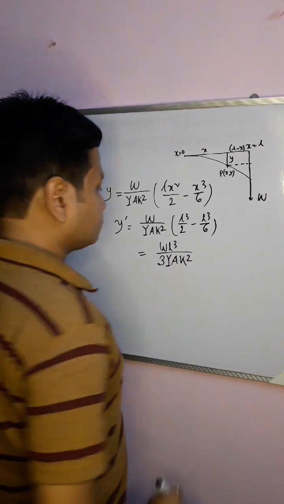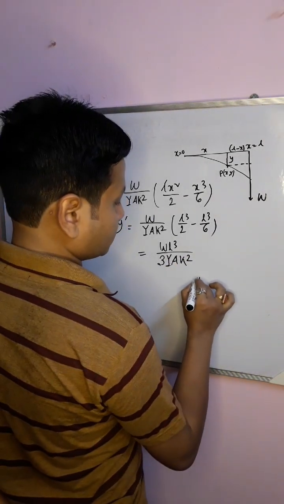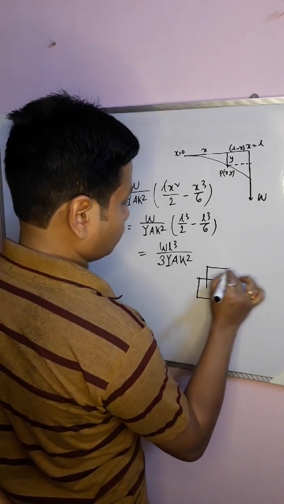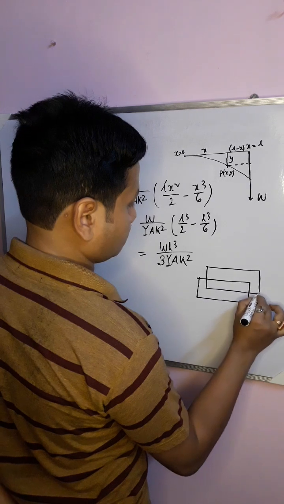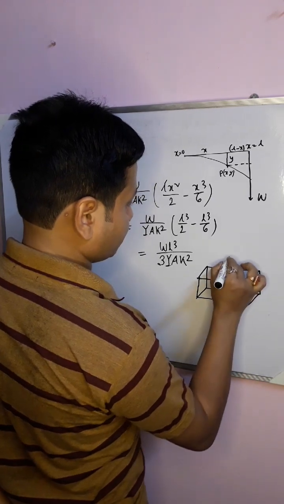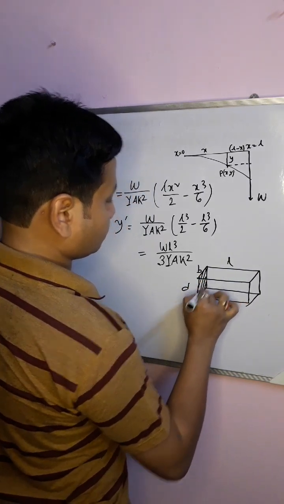Now remember, I told you that if the beam is of rectangular cross section, say this is a rectangular beam, its length is L, breadth is B and width is D. So this is the area of cross section.